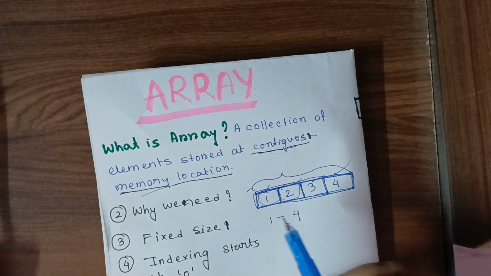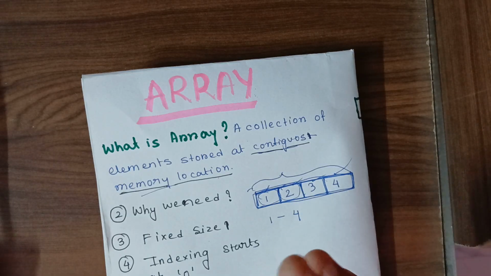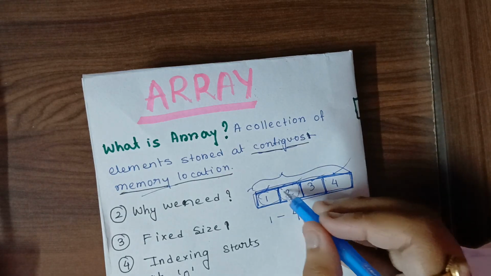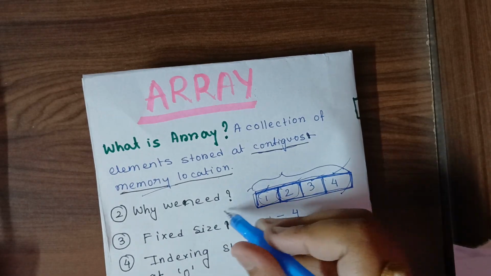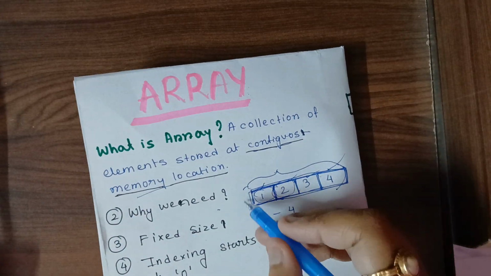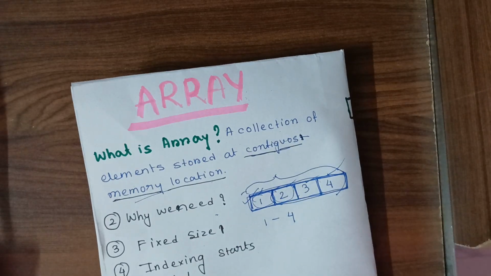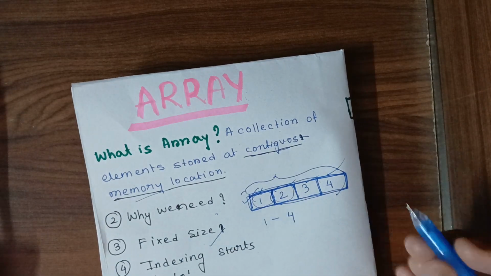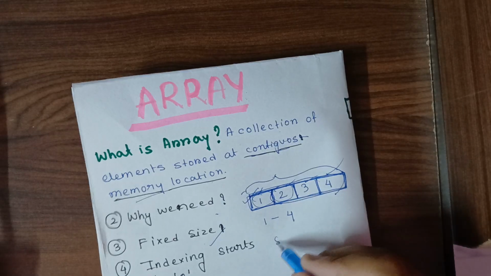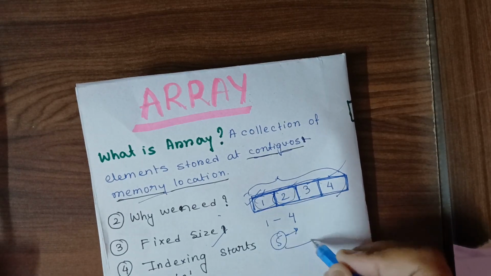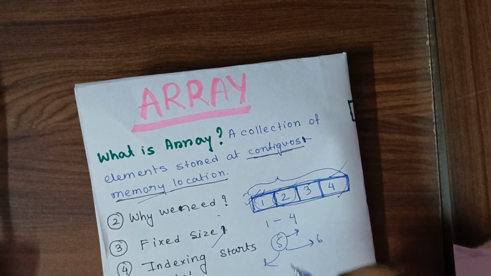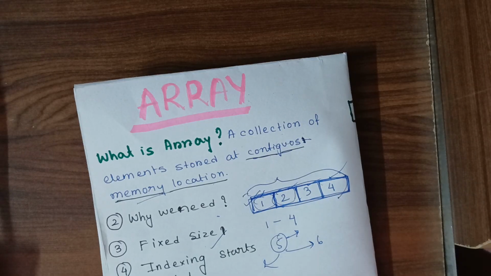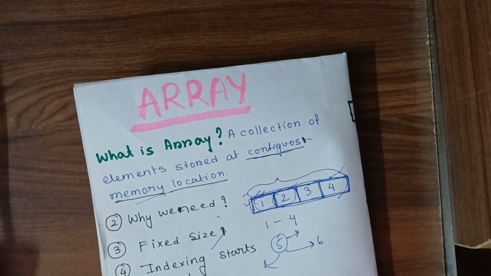If we store strings, then we need to store all string types. So mainly we use an array to store same type elements. Fixed size: if we allocate the array size 5, we can't change the size from 5 to 6 or 5 to 4. Indexing starts at 0, I already mentioned it.